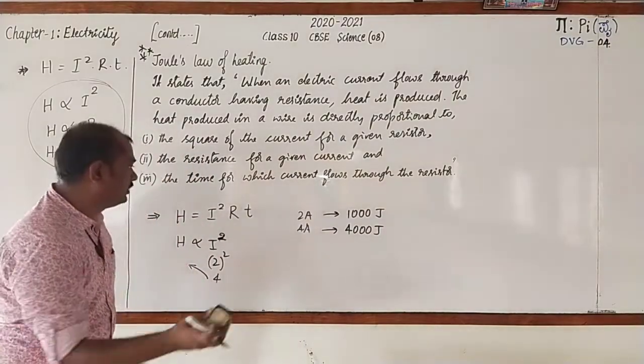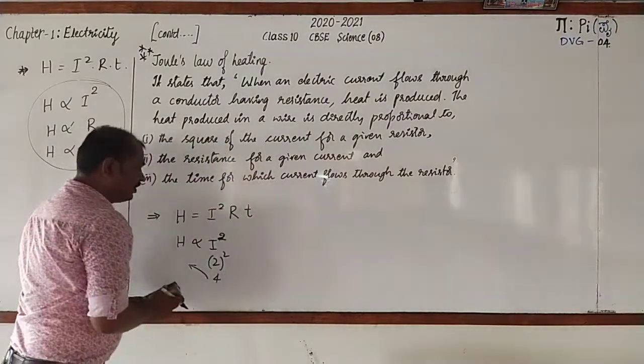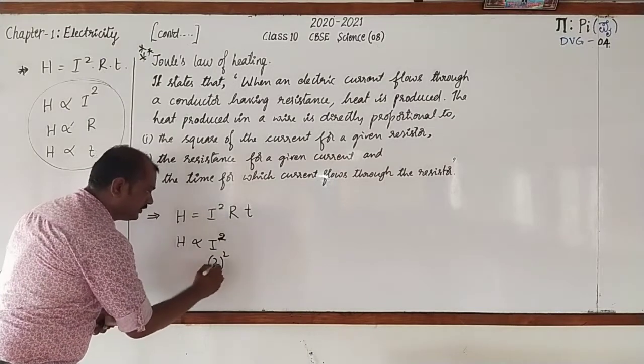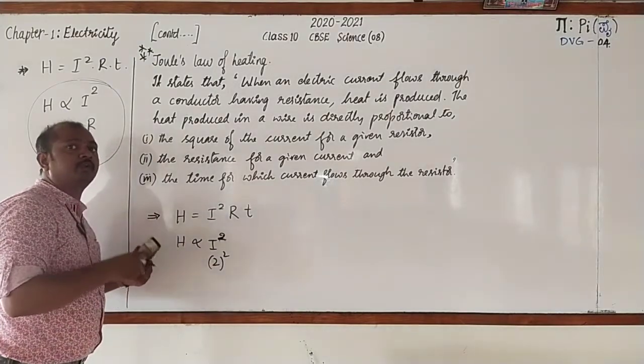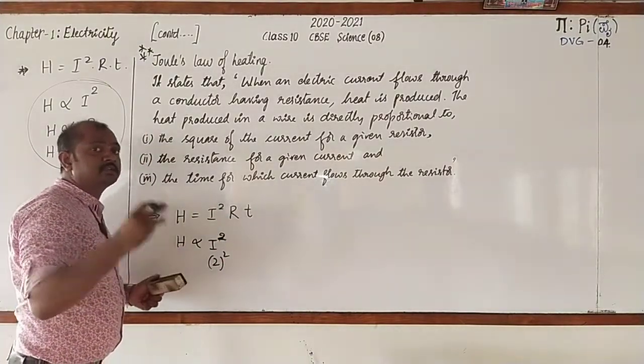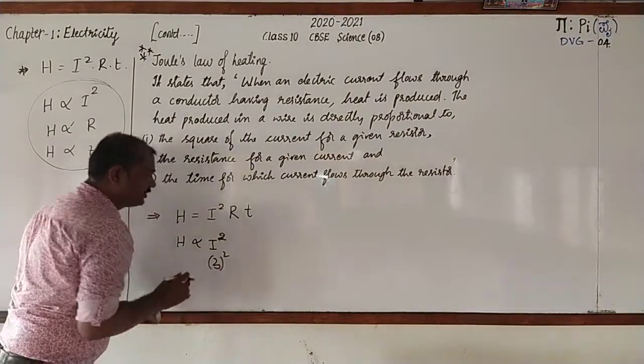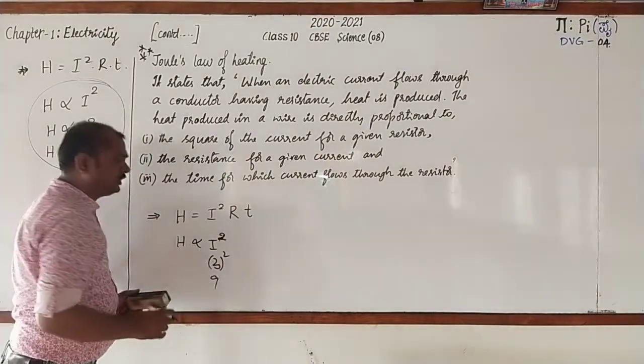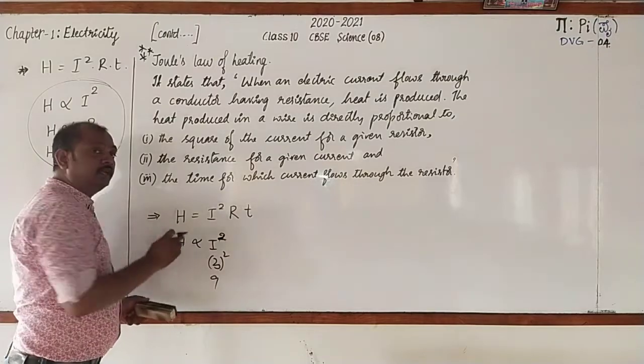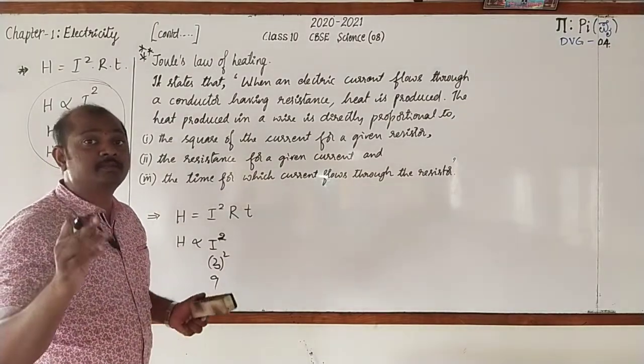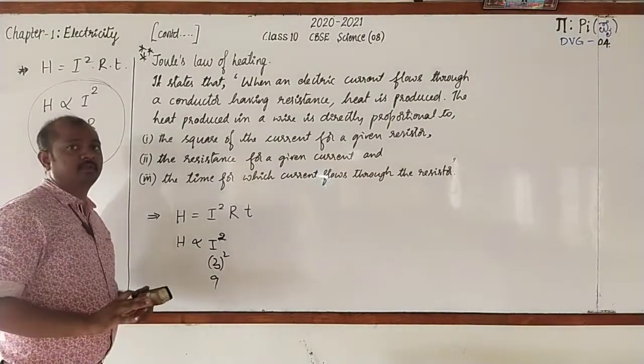Clear? Next, when the current flowing in the circuit is tripled, increased by 3 times, then 3 square equals 9. So heat energy produced increases by 9 times.